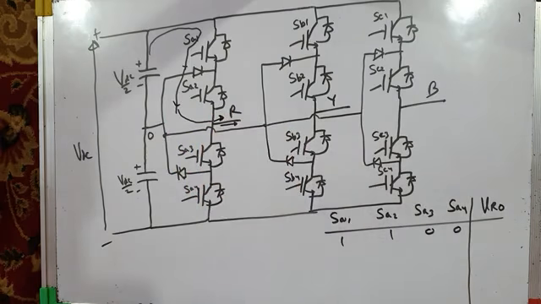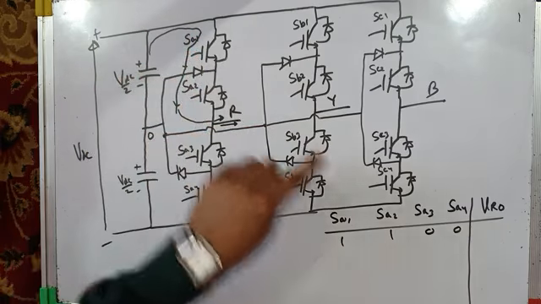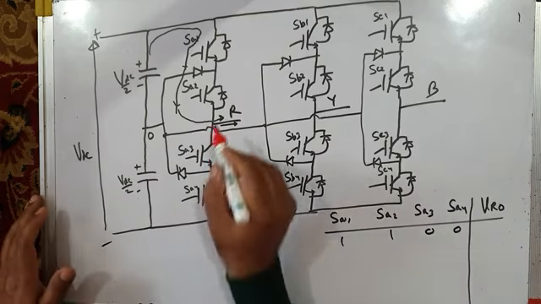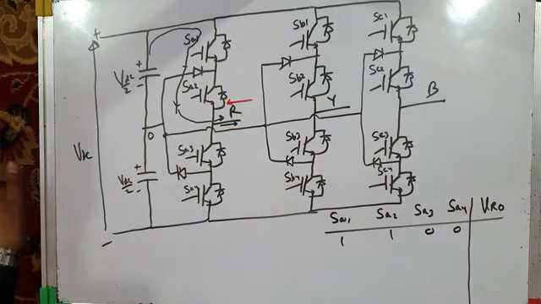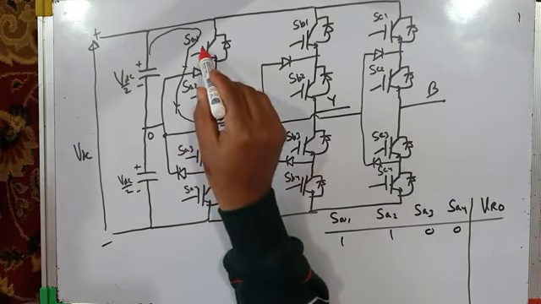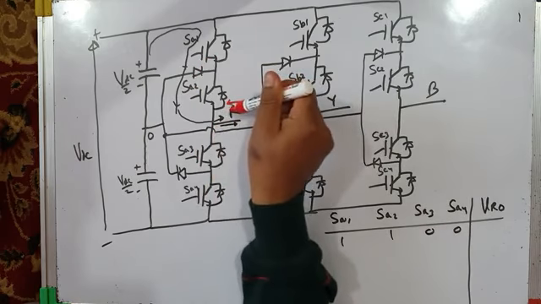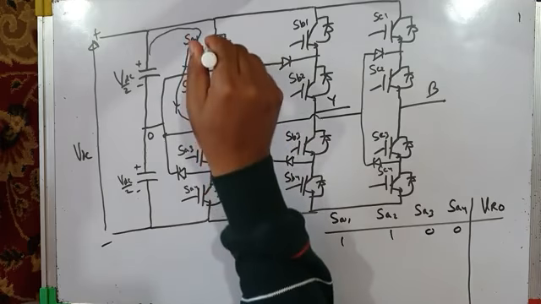Since SA1, SA2 are both on, current will flow through SA1, then SA2, and it will move like this. Okay, but on the other hand, if the direction of load current is like this, I mean if load is entering, then obviously even if gating pulses of these two switches are high, they will not conduct because the direction of current is reverse. The IGBTs conduct only from top to bottom, collector to emitter.